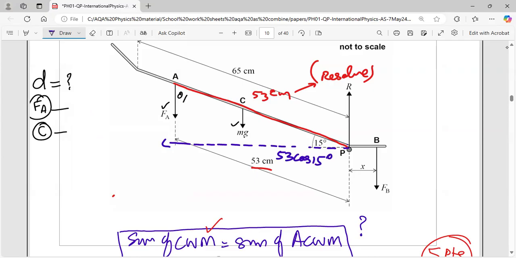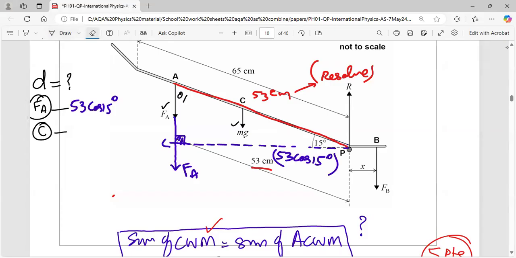So we don't have to draw the other component. Why? Because if you look closely at this component, this FA is coming down, and this is the distance. So these two are at right angles. So this distance, 53 cos 15, is perpendicular for FA. So I'll write the perpendicular distance for FA as 53 cos 15.